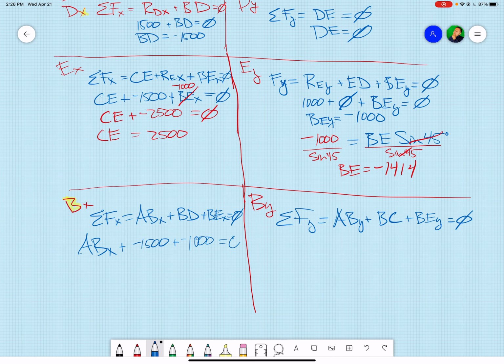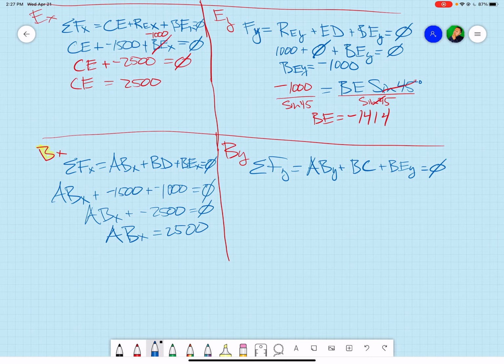That adds up to 0. Well, hey, that was easy. So now we have ABX plus negative 2,500 is equal to 0. Therefore, ABX is equal to a positive 2,500. All right. And we can solve for AB, but we'll do that in a second.